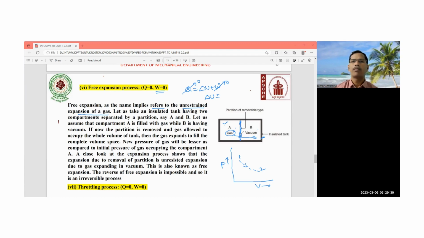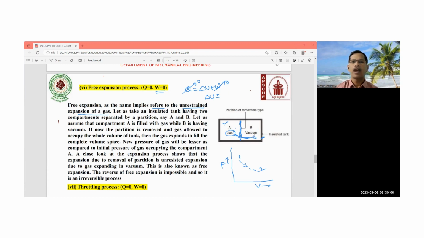If the partition is removed or punctured, the gas is allowed to occupy the entire volume. Once the gas occupies the entire volume, the new pressure of the gas will be lesser than the initial pressure.